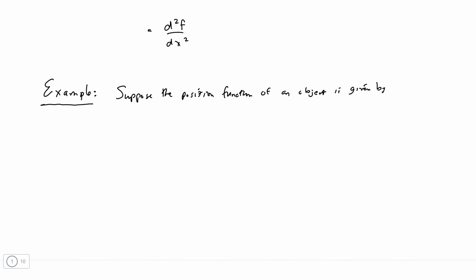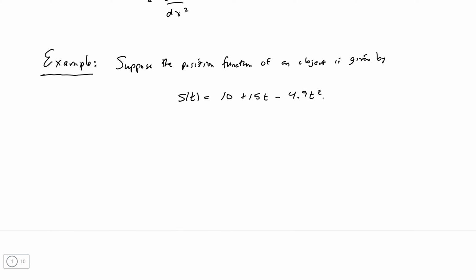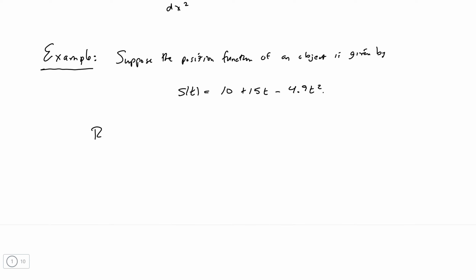Suppose we have the position function of some object, given by s of t equals 10 plus 15t minus 4.9t squared. Recall that the velocity function is the derivative of the position function.